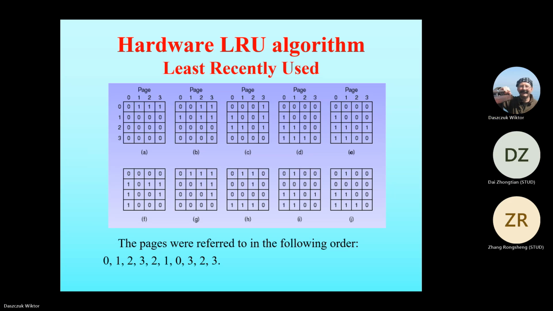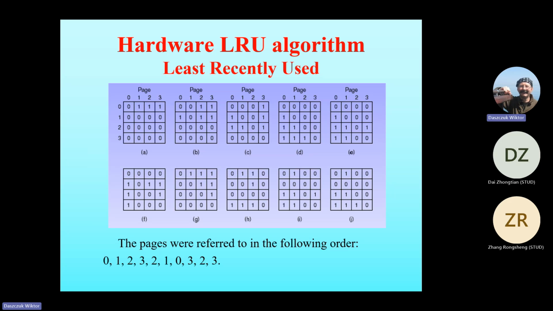Here we have the order of accessing the pages. Page number 0, 1, 2, 3, 2, 1, 0, and so on. After every access, the column of the page is zeroed, and the row of the page is filled with ones.